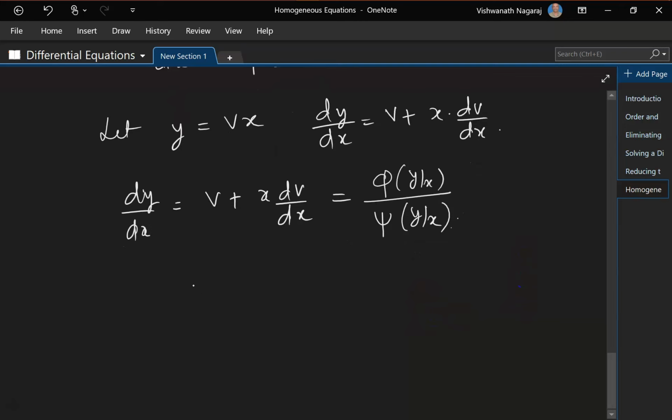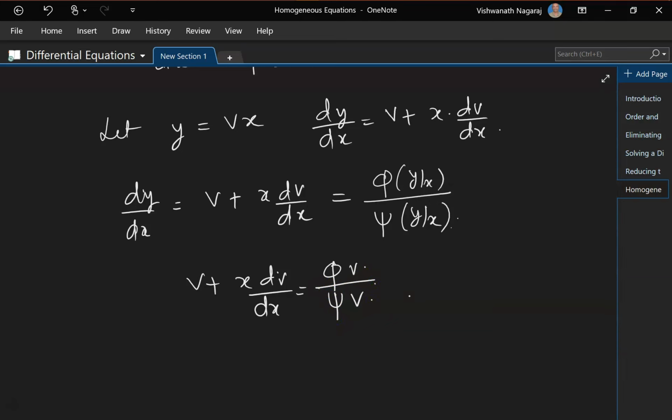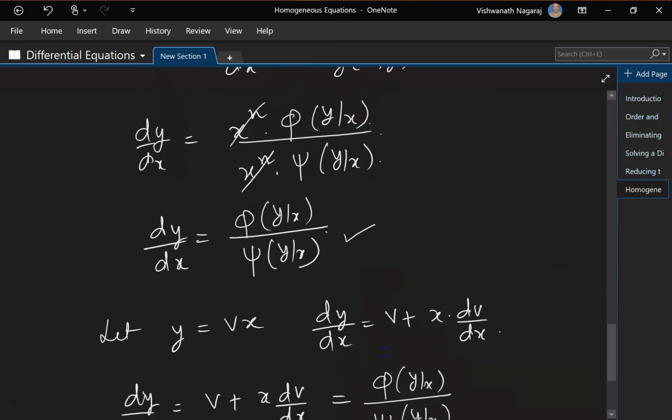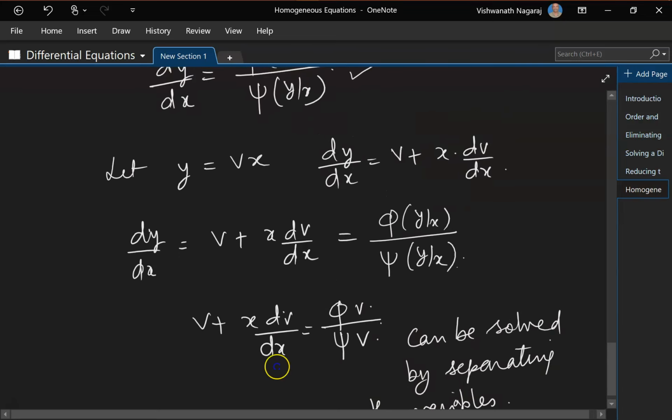And now let's do one more substitution. x dv by dx is equal to, now y by x is v, so phi of v divided by psi of v. Now this can be solved by separating the variables. Okay, so nothing great, nothing fancy.